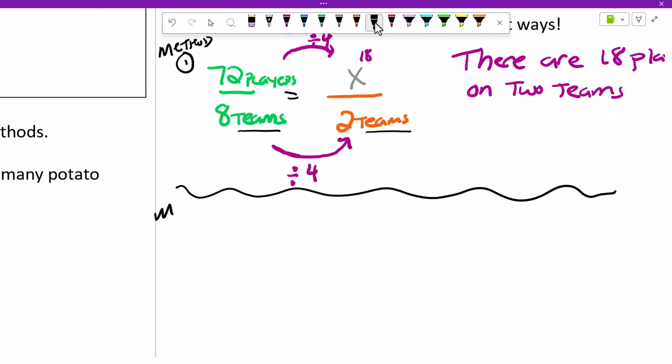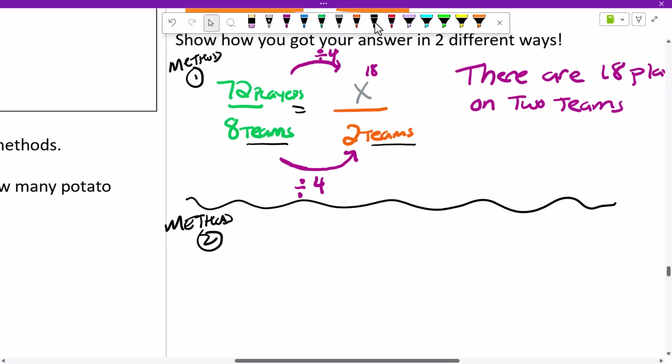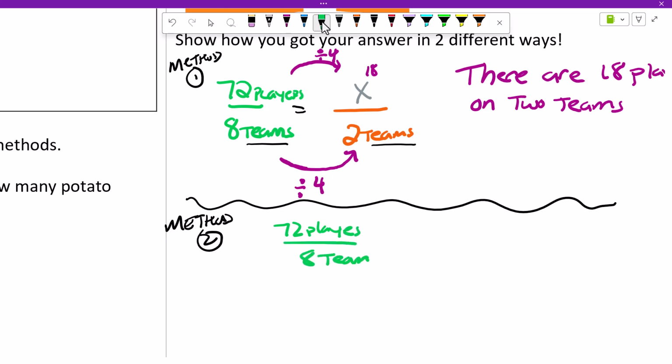Method 2 is called a unit rate. Okay? To do that, you use the information that they give us. There are 72 players for 8 teams. So we write that down. 72 players per 8 teams. We take our calculator, we divide these two numbers together.